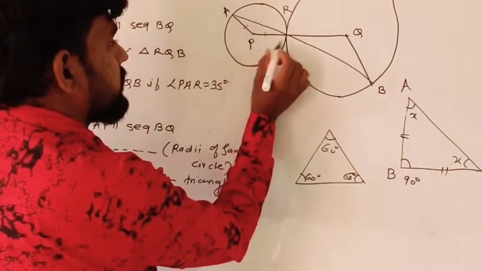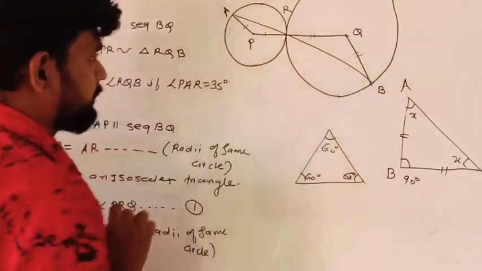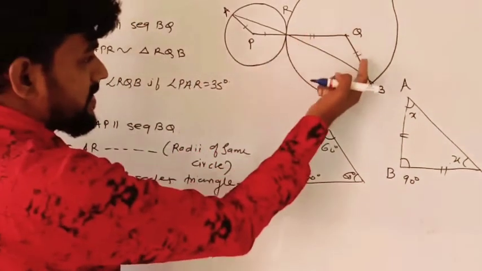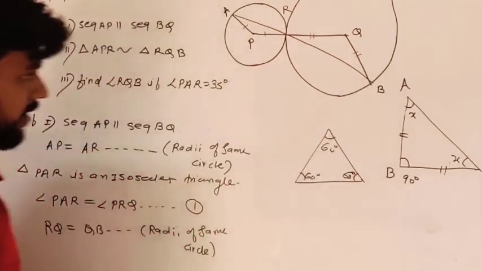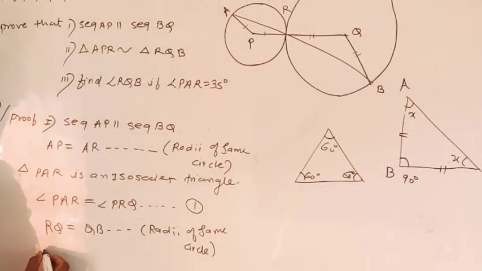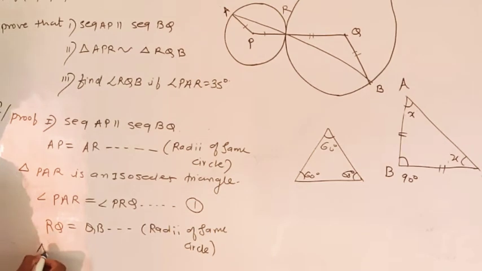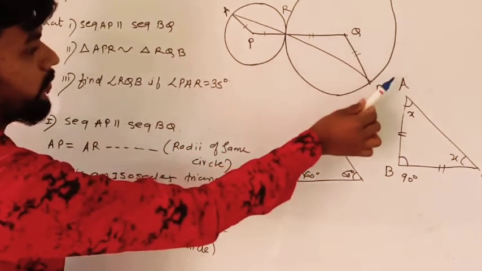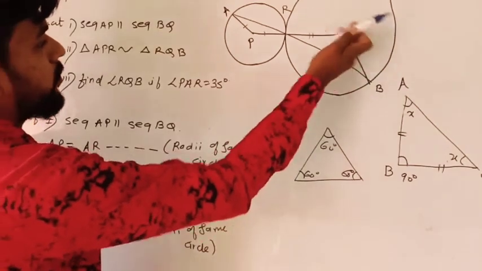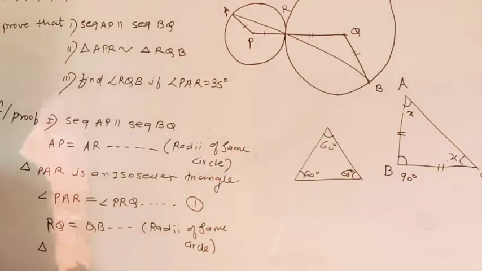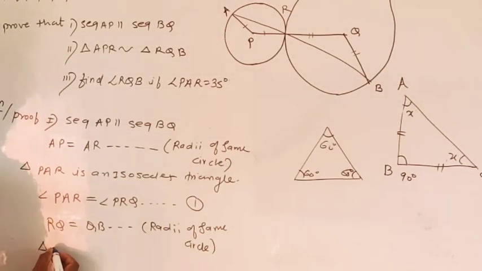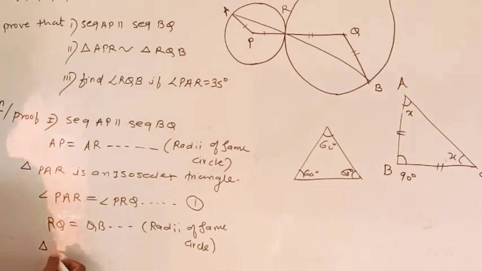Now this one is the same, so this will be the same. If two sides are the same, then the adjacent angles are also the same, that's why we have to write here in triangle RQB, or we can say QRB, whatever you want.